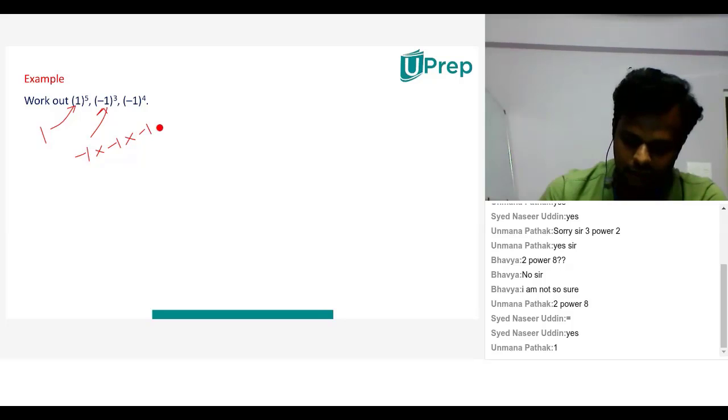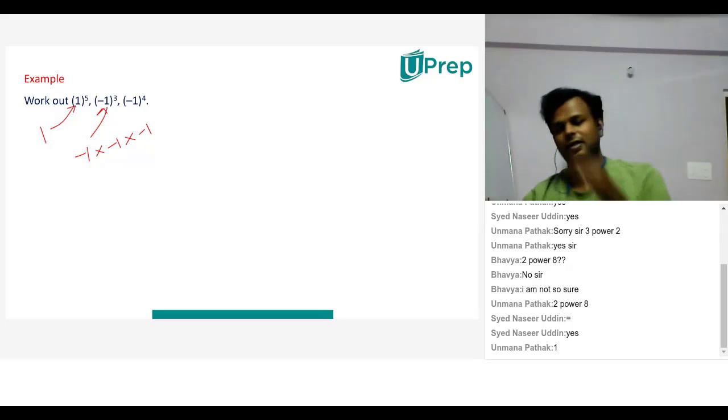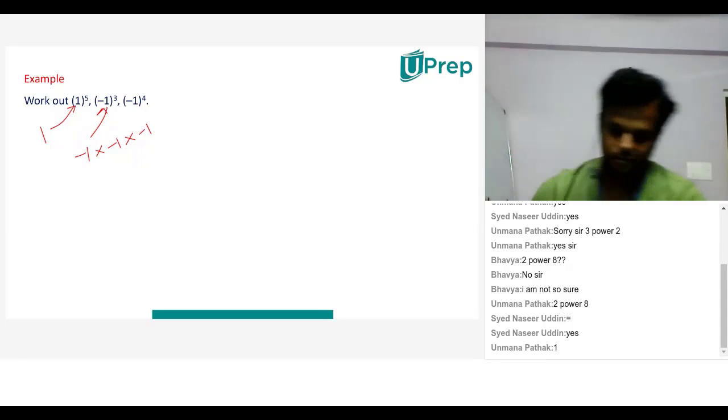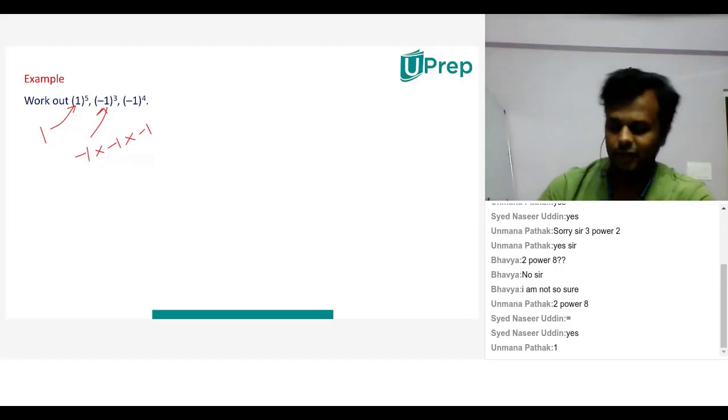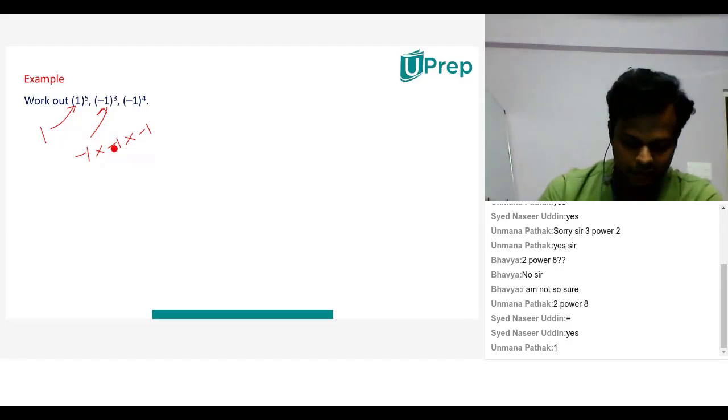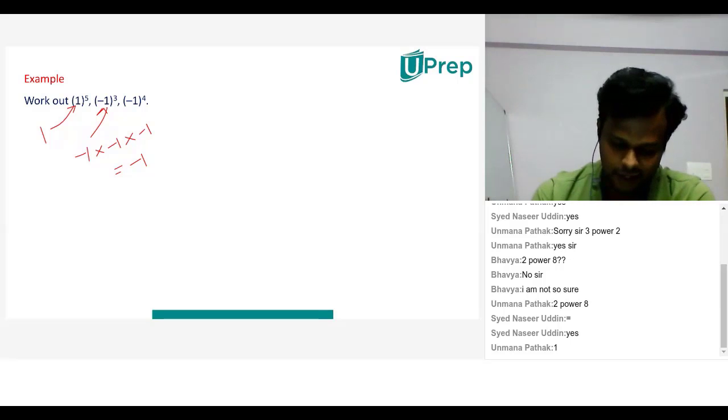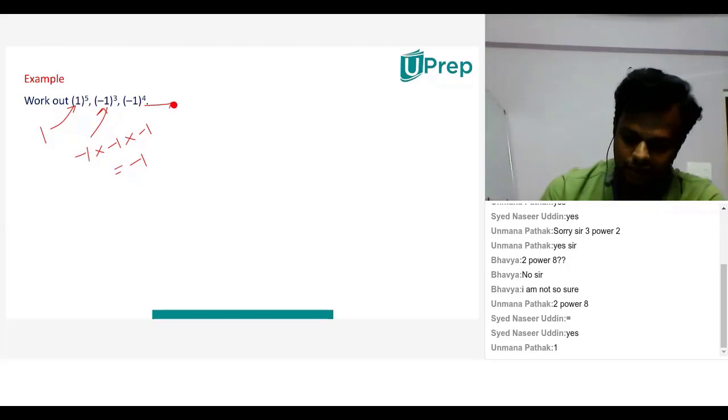Now, what did I say previously? If a negative rational number has an odd power, the final answer will be negative. Because minus into minus is plus, plus into minus is minus, and 1 multiplied any number of times is 1. So minus 1 power 3 is minus 1. And for this question, I have minus 1 multiplied 4 times, that is minus 1 into minus 1 into minus 1 into minus 1.